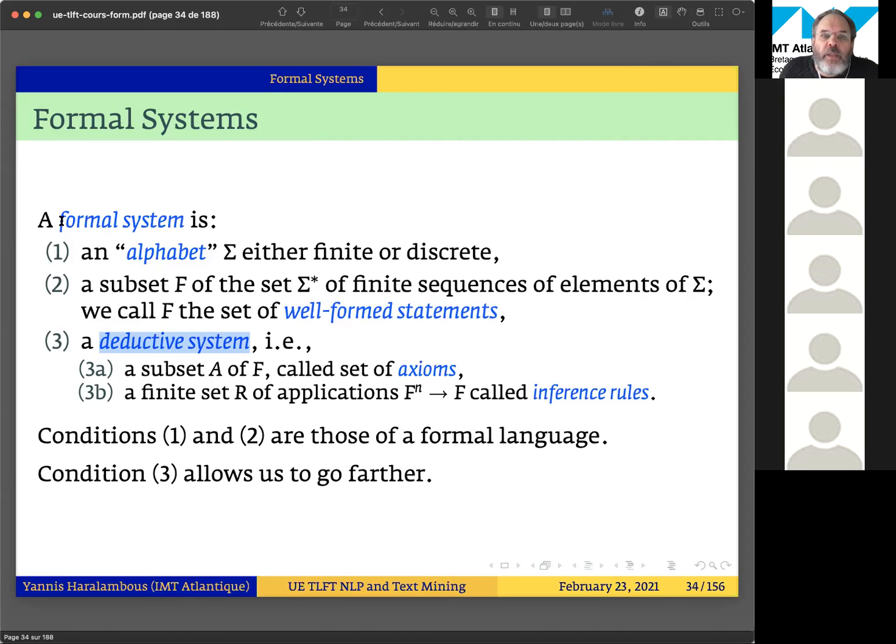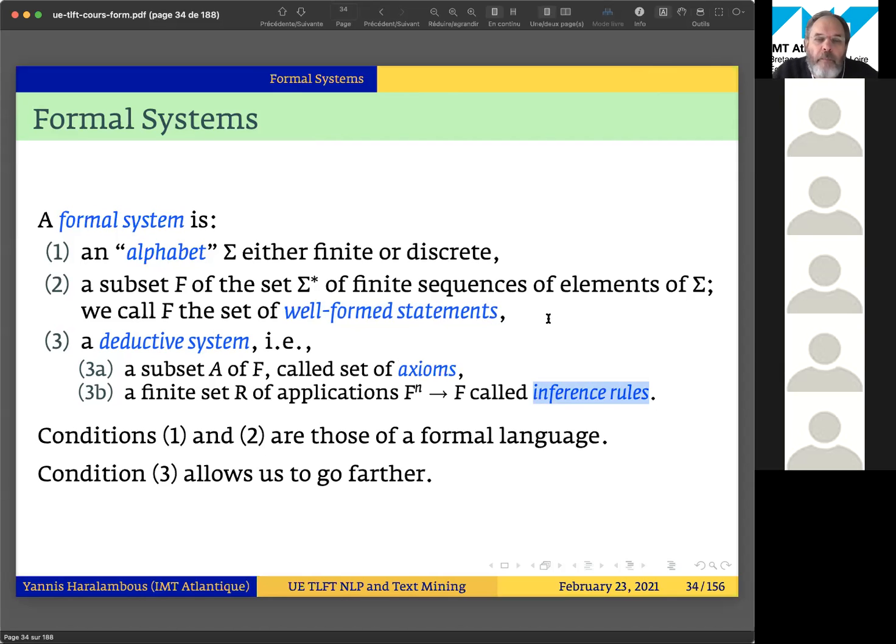So if you want a formal system, then you need to have an alphabet. You need to have some rules saying what is a well-formed statement, so which words out of this alphabet are part of your language. Then some of these words you will call axioms, and then you need inference rules to build more well-formed statements, potentially infinitely many well-formed statements out of your axioms.